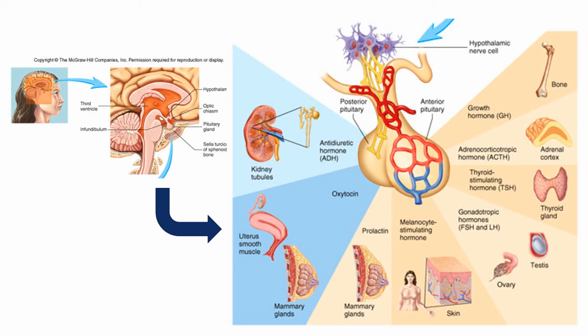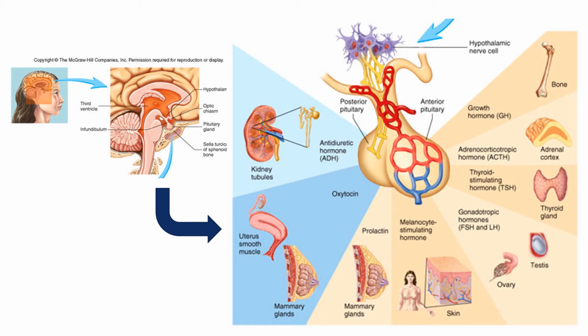You also have the gonadotrophic hormone, which includes the FSH or the follicle stimulating hormone and the LH or luteinizing hormone. And then you also have the melanocyte stimulating hormone and prolactin. For the posterior pituitary naman, you have your antidiuretic hormone for your kidneys, and you also have your oxytocin, which is responsible for the activities of your uterus and your mammary glands.